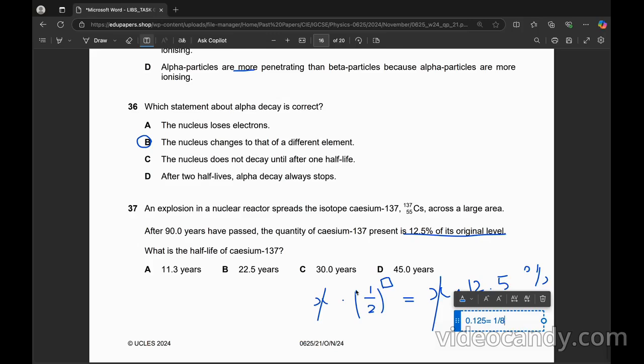And what it says is that 1/2 to the power of this little square is equal to 1/8. Now, if you're good at math, you already know that the little square will be equal to 3. And that means that after 3 half-lives, 90 years have passed. So for one half-life, you divide it by 3, then you get C.